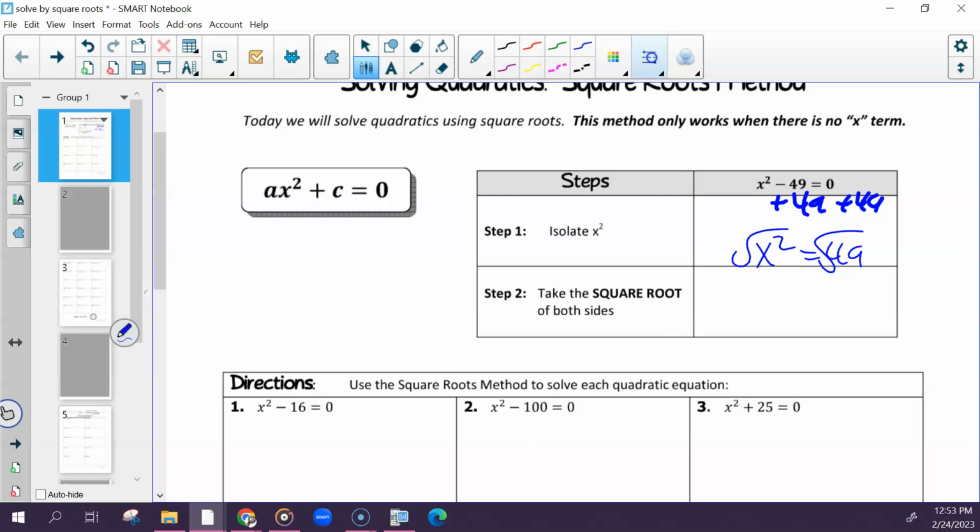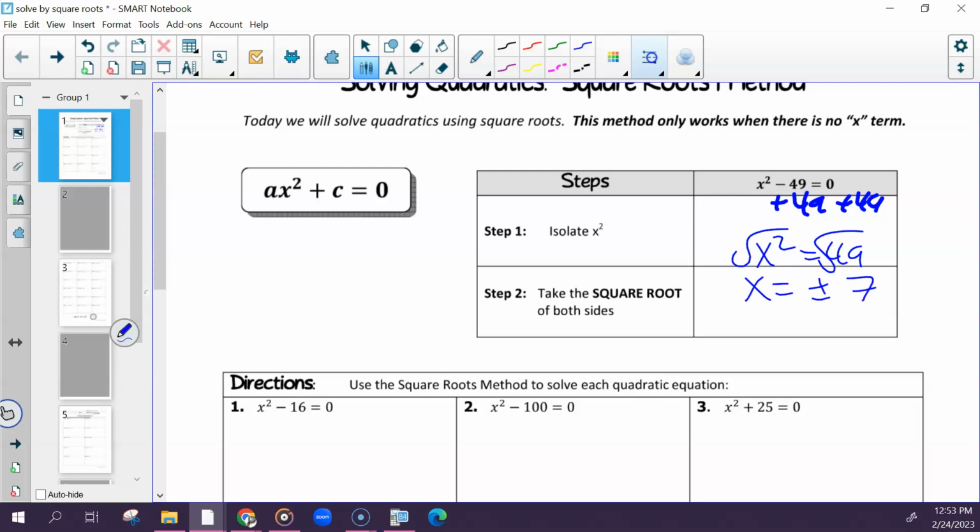Except, we know that it'll equal a positive 7, and we also know that two negatives multiplied together gives you a positive. So we have to take into account both the positive and the negative. We're going to put plus or minus 7 to say the negative and the positive.